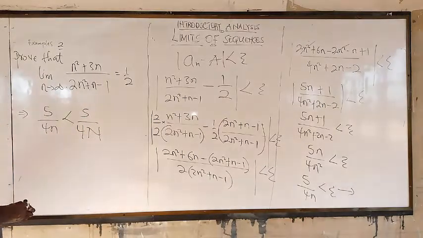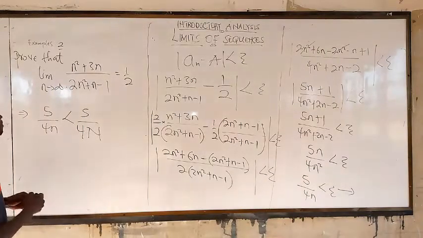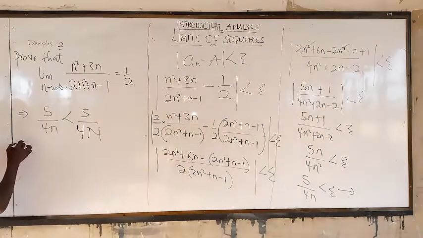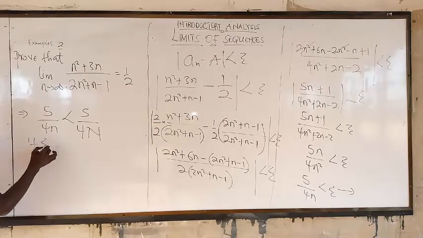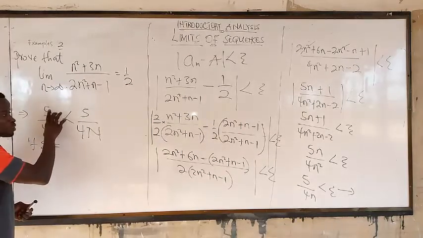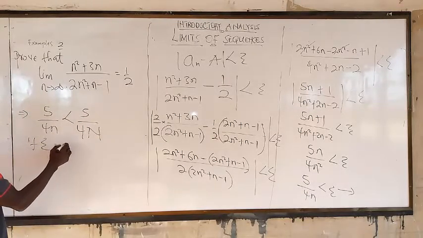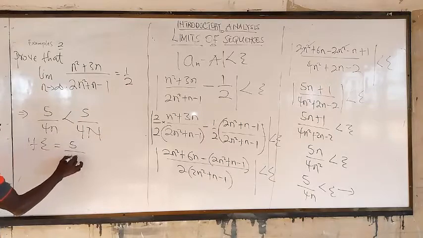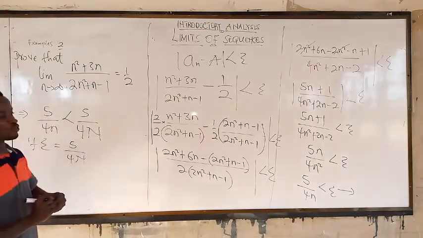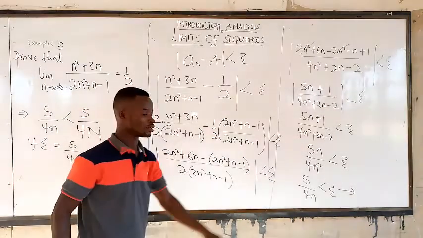Alright? Very good. Now, if epsilon is equal to, just repeat the same thing, but let's do capital N, that is all. If epsilon is equal to 5 over 4 capital N, because that's what we are used to replace it.